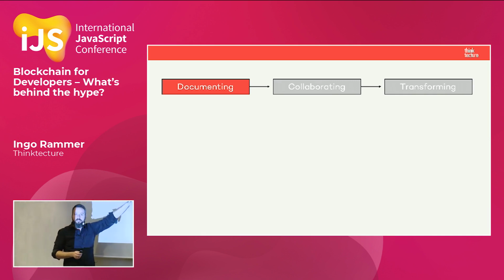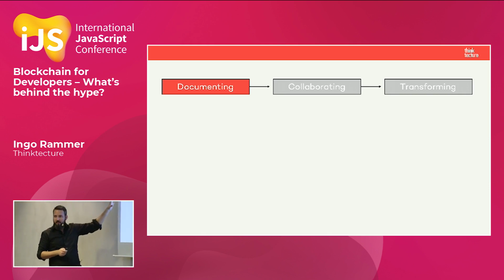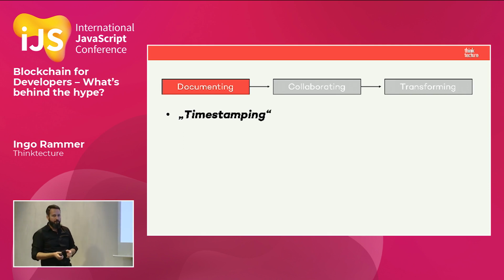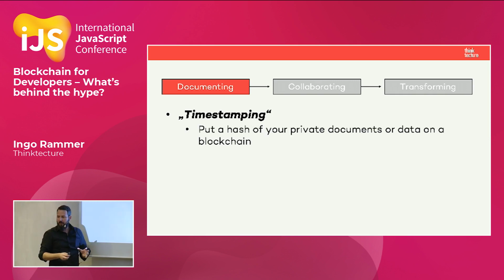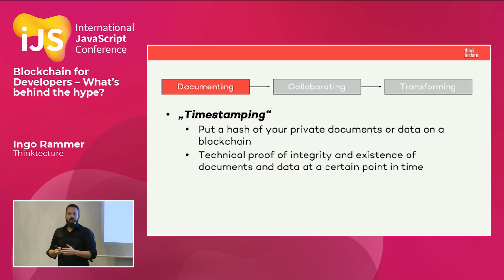We have 3 use cases, and that's also how we recommend developers to approach this subject, because they're getting harder and harder. So the first use case, and that's the simplest one, everybody starts with this one, is a documenting use case. You're just time-stamping information. This means that you have a piece of information, you calculate a hash code over this information, and put it on a public blockchain, for example.